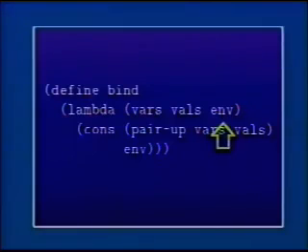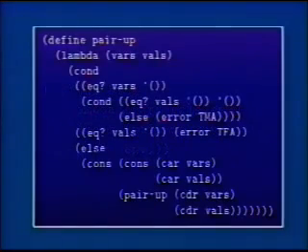So given an existing environment structure, I'm going to make a new environment structure by consing a new frame onto the existing environment structure, where the new frame consists of the result of pairing up the variables, which are the bound variables of the procedure I'm applying, to the values, which are the arguments that were passed to that procedure. So this is just making a list. I'm adding a new element to a list of frames, which is an environment structure, to make a new environment. Okay. Where pair up is very simple.